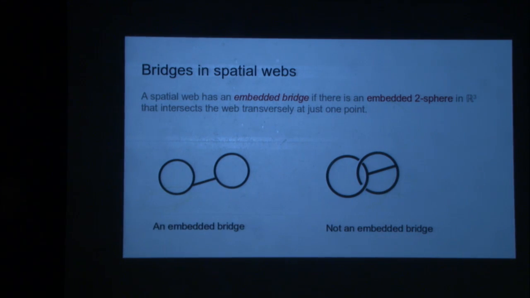It has this sort of topological 3-dimensional reducibility. That guy there, which is abstractly a bridge from the graph theory point of view, is not from the 3-dimensional point of view the same thing at all, because there's no 2 sphere which separates the graph into 2 pieces, cutting that edge. So I'll call this an embedded bridge, as opposed to that picture over there.